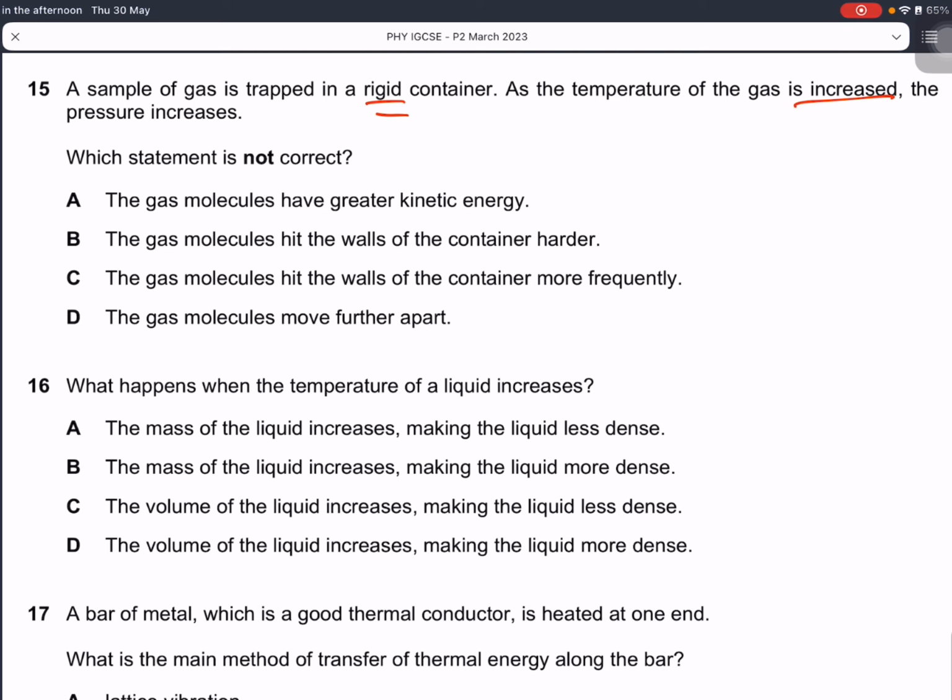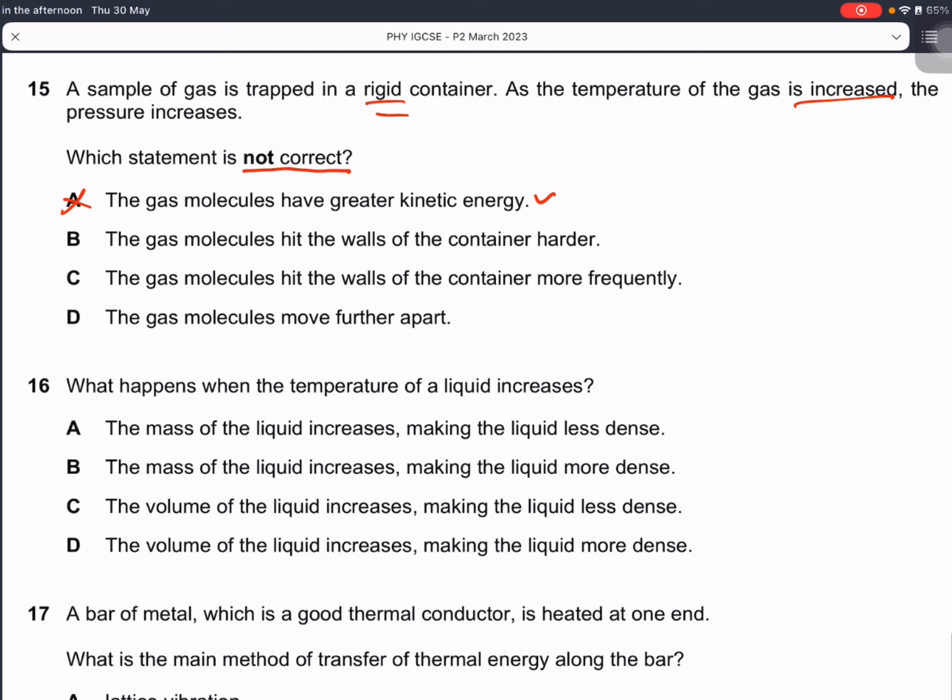Gas molecules have, not correct. Be careful. The gas molecules have greater kinetic energy. This is a correct one, but it's not an option. Gas molecules hit the wall of the container harder. Well, of course they will hit harder because they're going faster. When temperature increases, guys, imagine in the room, when you increase the temperature of the room, molecules keep moving faster.